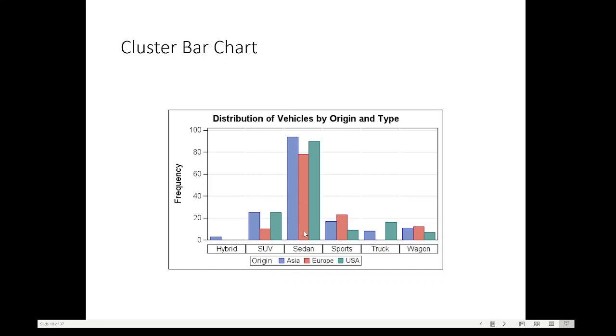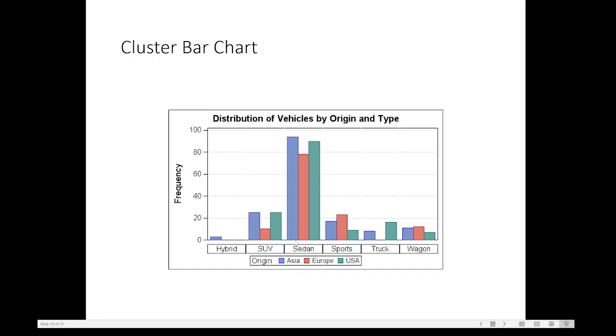So this is the cluster bar chart, and of course the height of each of the bar will be representing the frequency. Cuma pastikan antara satu cluster, antara satu first category level dengan the second category for the first variable level, mesti ada gap, mesti ada ruang kosong kat sini, dia tak boleh bersambung.